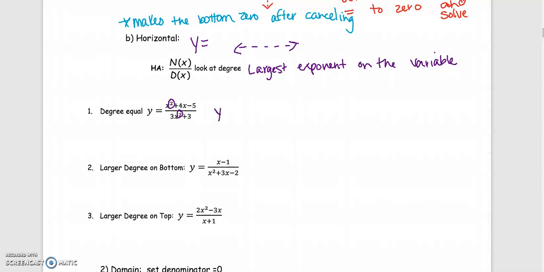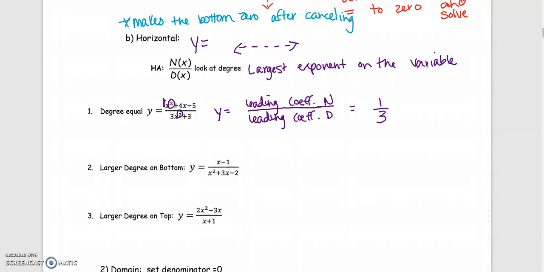So it's going to be y equals the leading coefficient of the numerator over the leading coefficient of the denominator. And so for this example, our leading coefficient here is 1, and then on the bottom it is 3, so it would be 1 over 3, or 1/3.